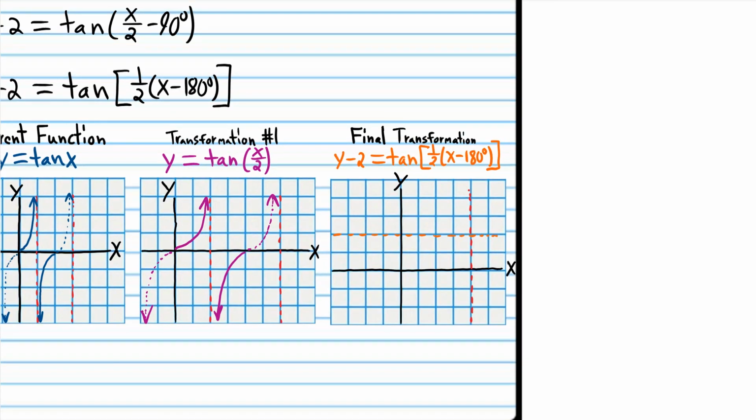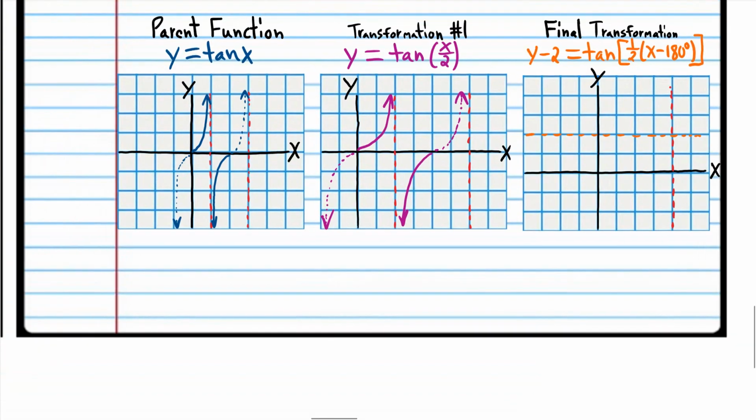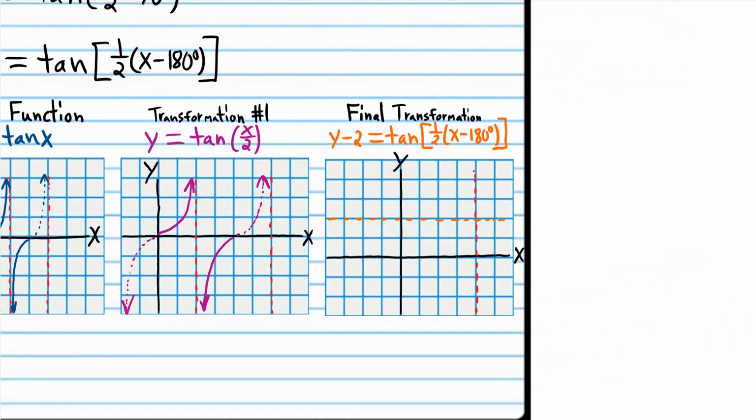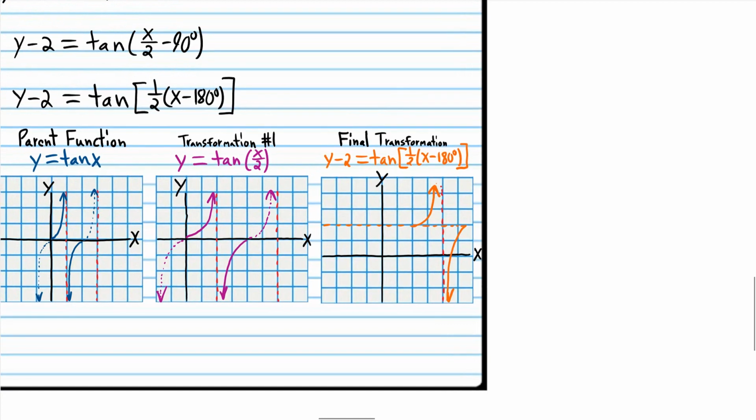We can't really see the other asymptote. Kind of went off the window, but that's okay. So we have a graph going up like so, and the other part of the graph is going down like so. So we got that one right. Good job.